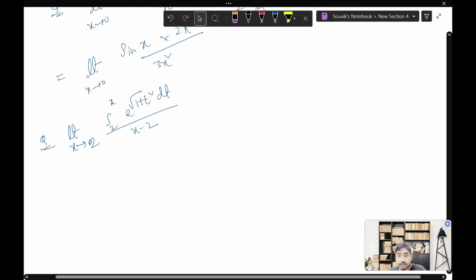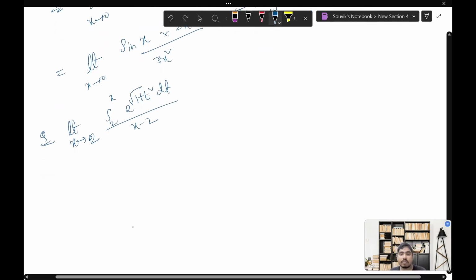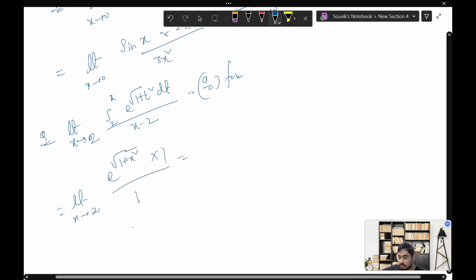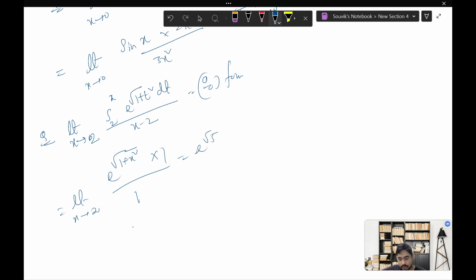Here also, if you put x equal to 2, it is a 0 by 0 form. So this will be the limit as x goes to 2. Now we use Taylor's theorem again, putting in the value 2, so e to the power root over.